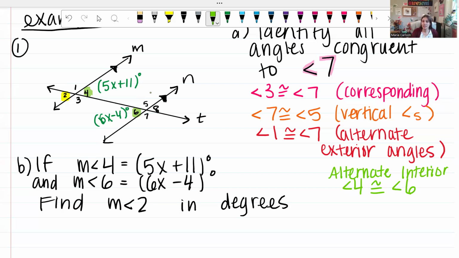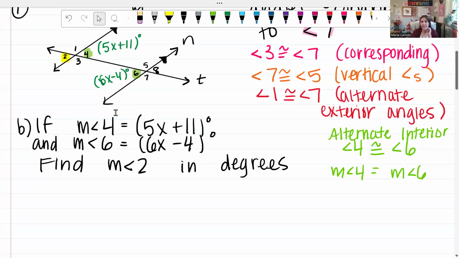So that means then that they're congruent, and the measure of angle 4 is equal to the measure of angle 6. So now I can kind of solve for what this x is. So that way I can figure out what, in degrees 4 is and what in degrees 6 is, because they're the same. So let's solve.